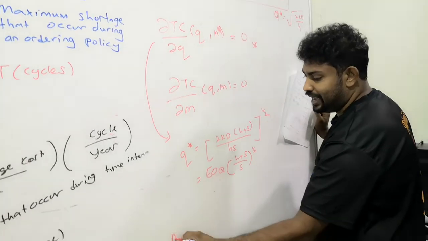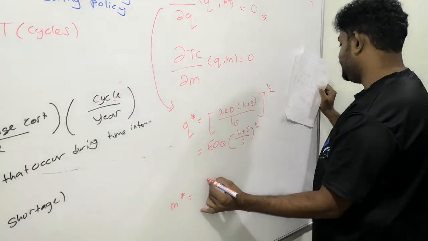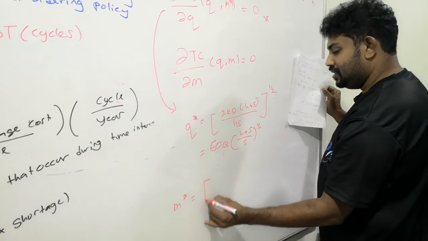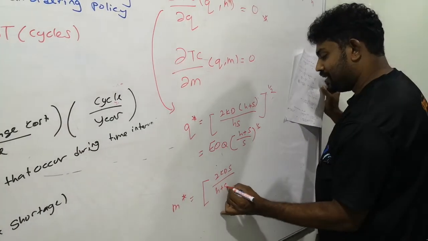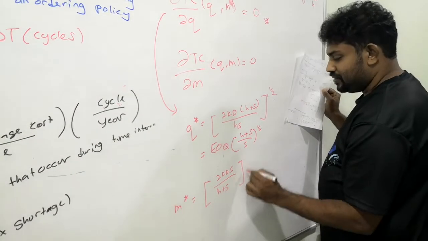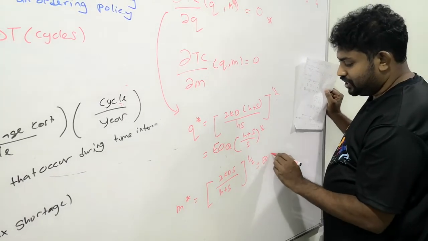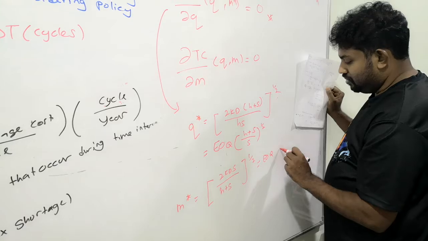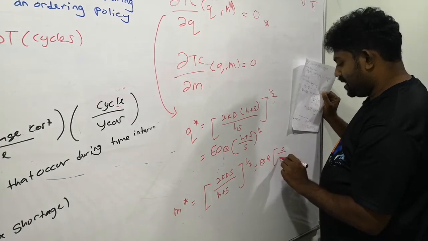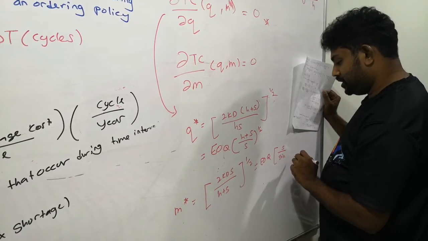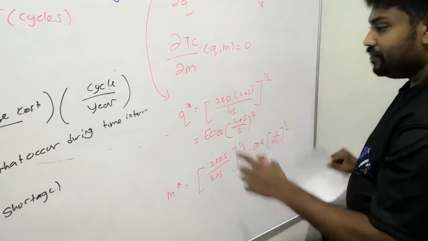The same goes for M, where we finally have the square root of 2KDS over H(H plus S). Taking out the EOQ again, we get EOQ times (S over (S plus H)) to the power of a half.